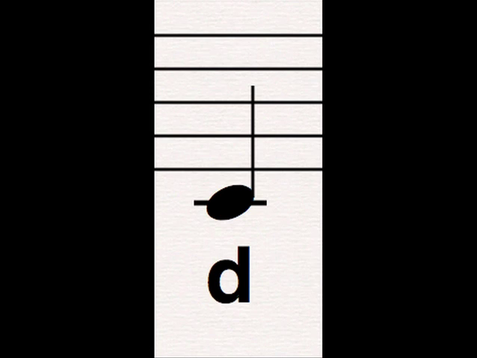You need to do the round circle, colour it in, put a line through it, and then a line going up the side. You put a D underneath it because it is called D for Do. You have 15 seconds. Make sure you put the stem on the right side.